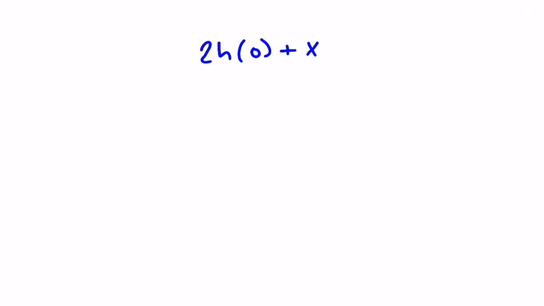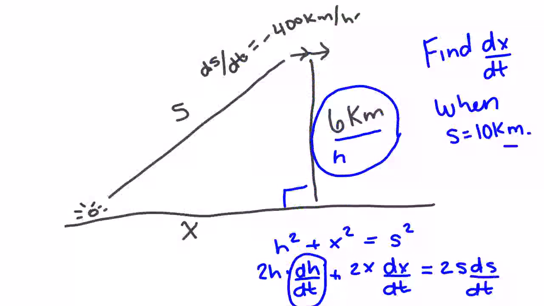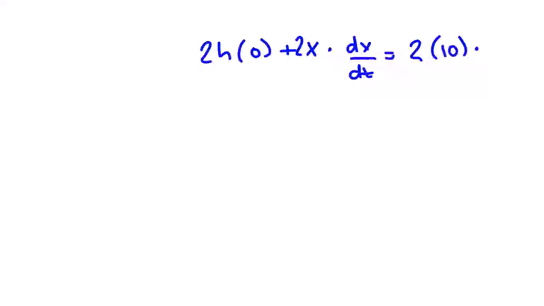So I'm just going to leave 2x times dx over dt equals 2s, which is 10, times ds over dt. And they told us earlier that ds over dt is negative 400. The 2h times 0 goes away.